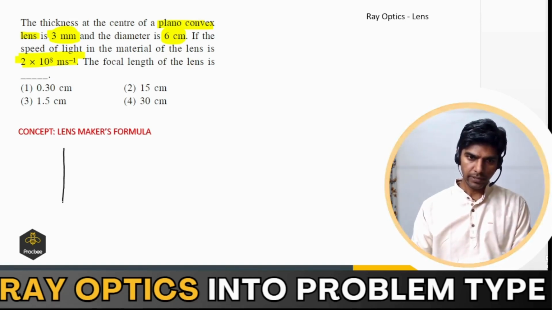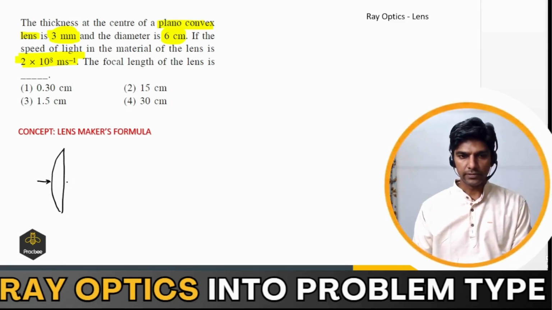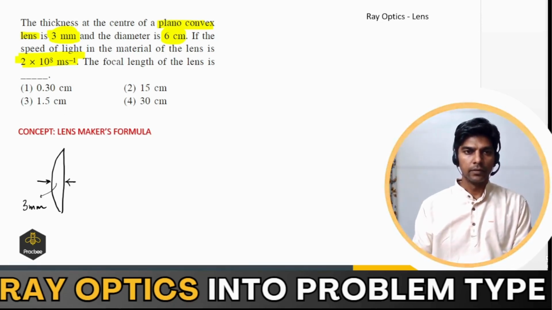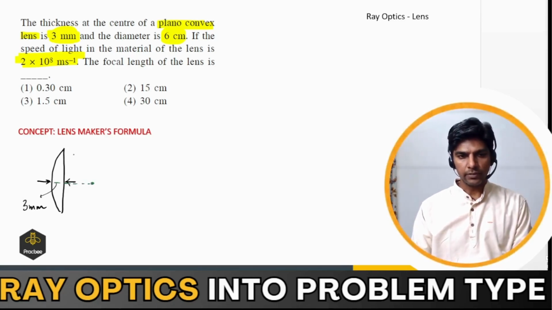So we have given a plano-convex lens, and this thickness is given as 3 millimeter. And if I draw the center of curvature, this will be the center of curvature and this is the radius. So let us say R is the radius of curvature.